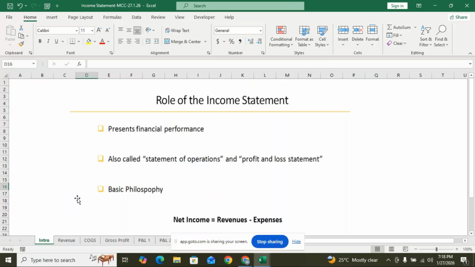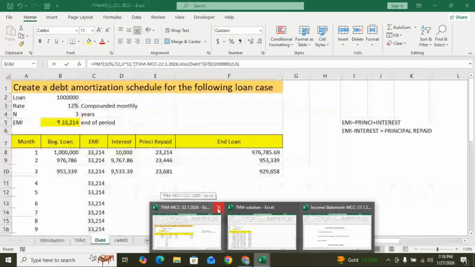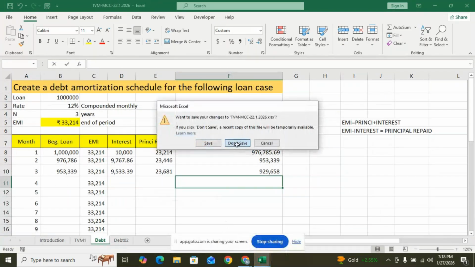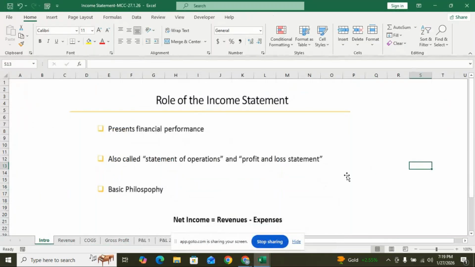So go to sheet 1 where I've given a small introduction on the income statement. Here we are discussing the role played by the income statement.